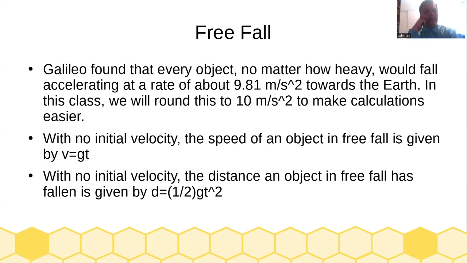And then with no initial velocity, the distance an object falls in free fall is given by d equals 1/2 gt squared. Again, that's just our kinematics equation with no initial velocity and no initial position.